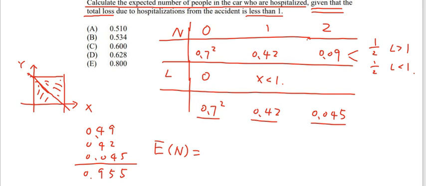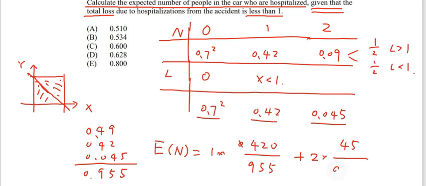So n equals 1, multiply the probability, so 42 becomes 420 over 955. Okay, so then plus 2 multiply the probability, so 45 over 955.